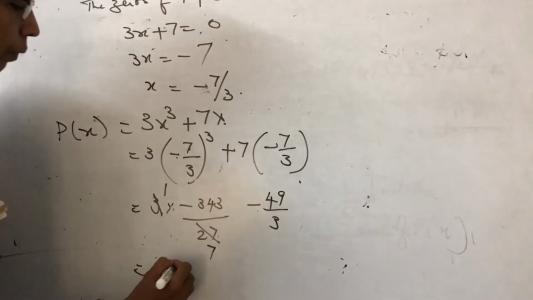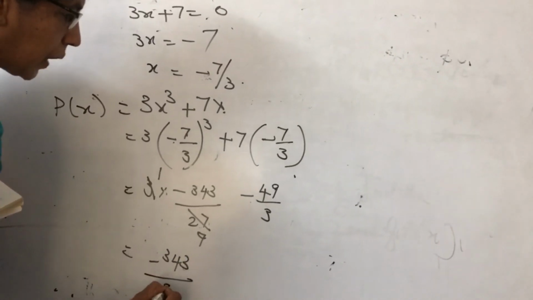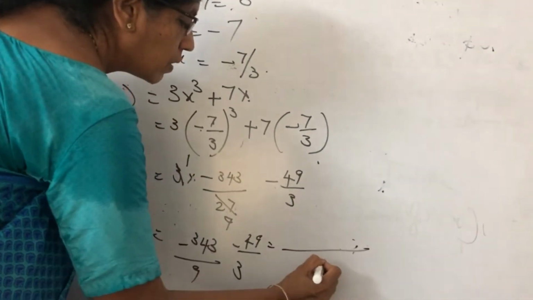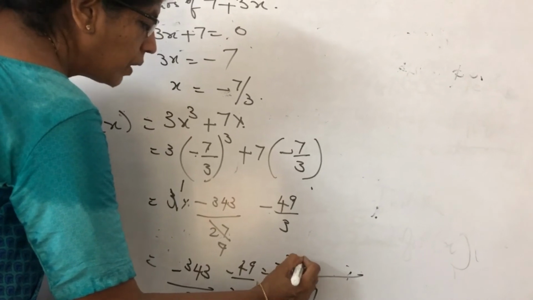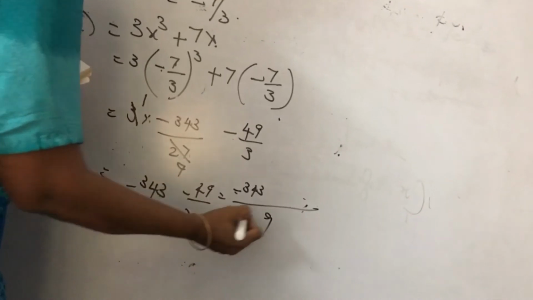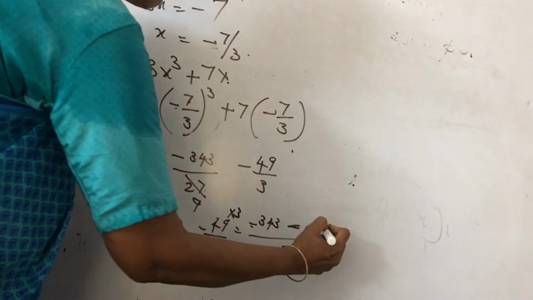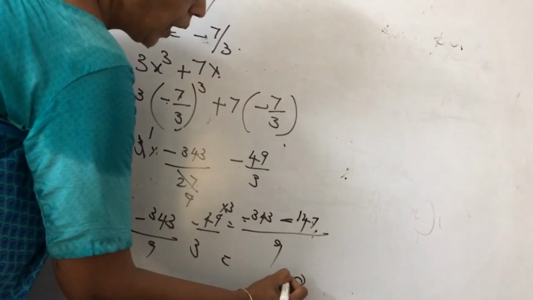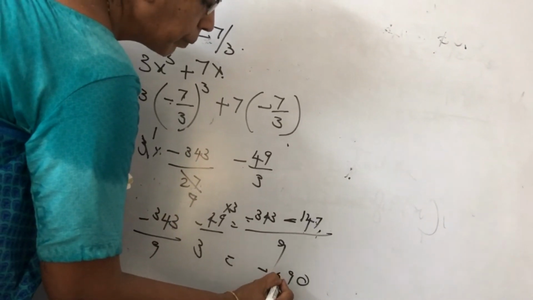So what do you have? Minus 343 by 9 minus 49 by 3. Common LCM. 9 divides 1 time, minus 343 into 1, minus 343. 3 divides 3 times, minus 147. Both the numbers are negative. Add and put negative sign.